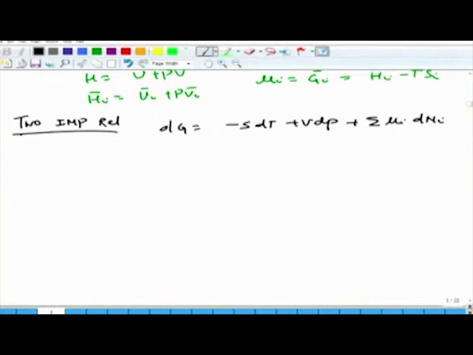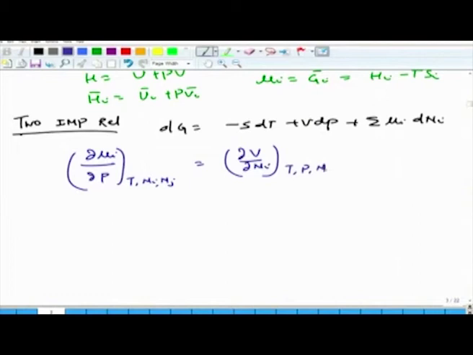I can make use of Maxwell's relation and come up with this expression: del mu i by del P at constant T, n i and all other n j, should be equal to del V by del n i at constant temperature, pressure and n j. If you look at this expression, you can directly get it from the Maxwell relation.